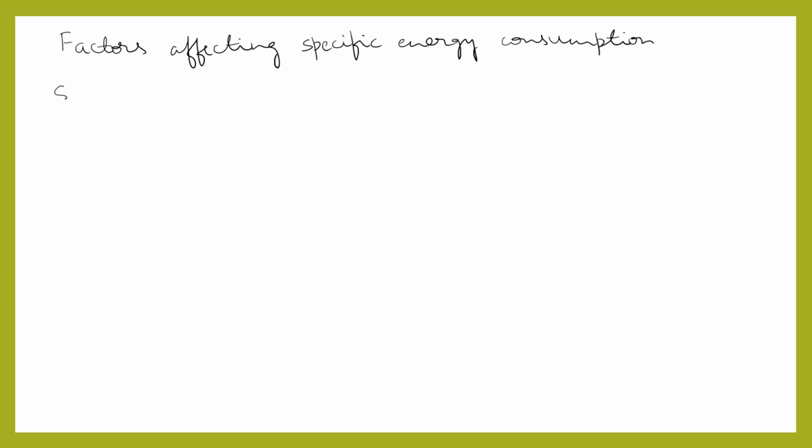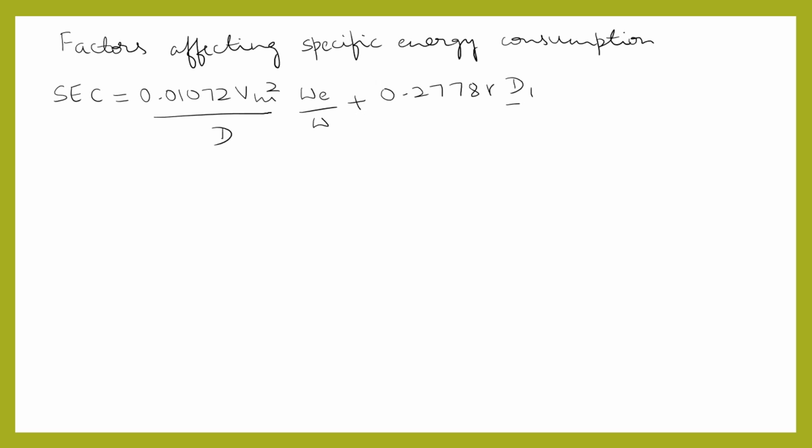So we have the equation for specific energy consumption, which is 0.01072 Vm square by D into We by W plus 0.2778 R D1 by D divided by eta G eta M. So the factors affecting the specific energy consumption are: first is the distance covered D. If the distance between stops is greater, then the specific consumption value will be lesser.